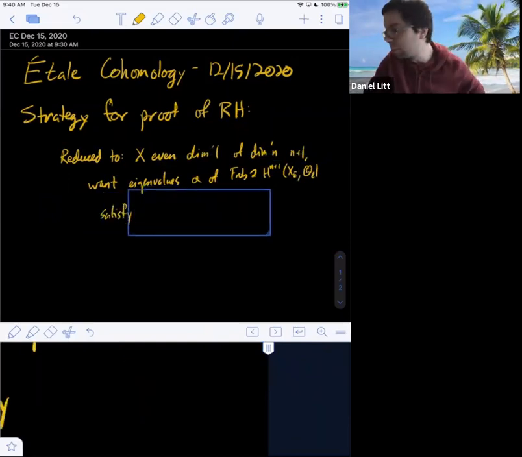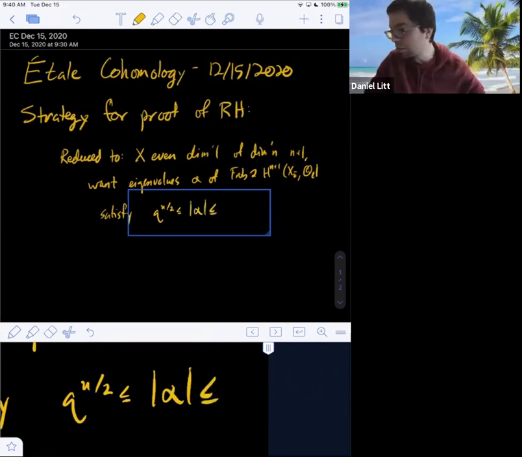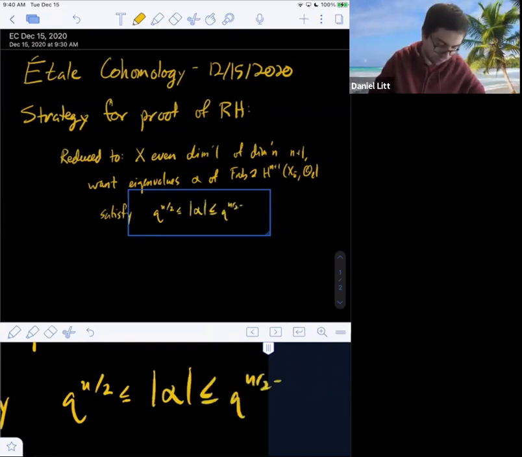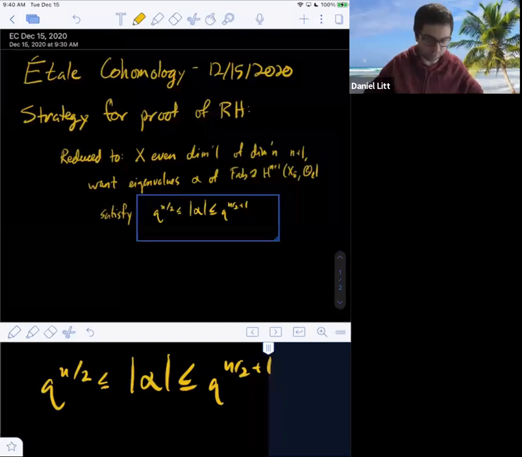And that inequality was that q to the n over 2 is less than or equal to the absolute value of alpha is less than or equal to q to the n over 2 plus 1. So the Riemann hypothesis says that for any embedding of the field generated by alpha over Q into the complex numbers, the absolute value is q to the n over 2 plus 1/2.